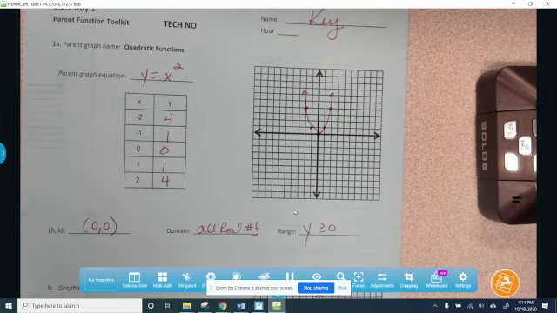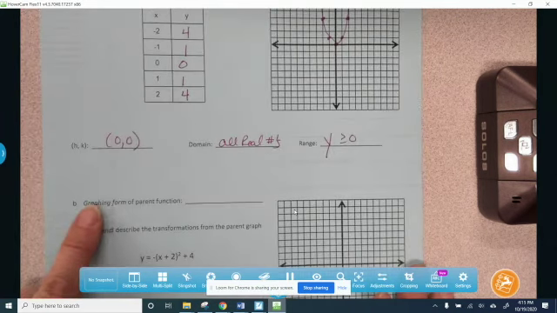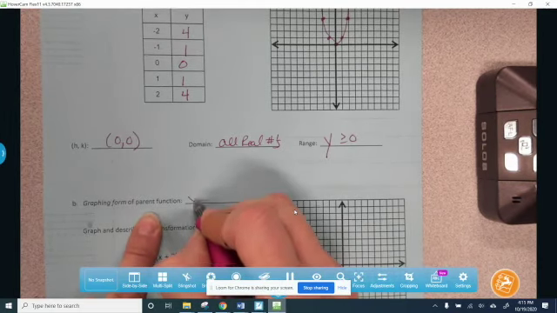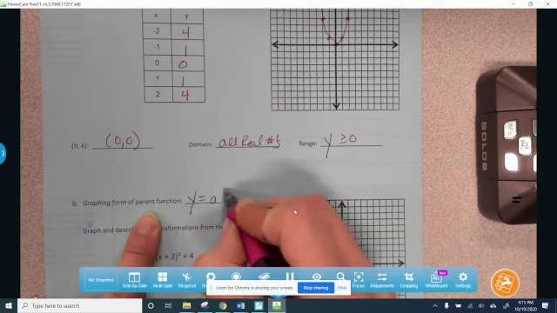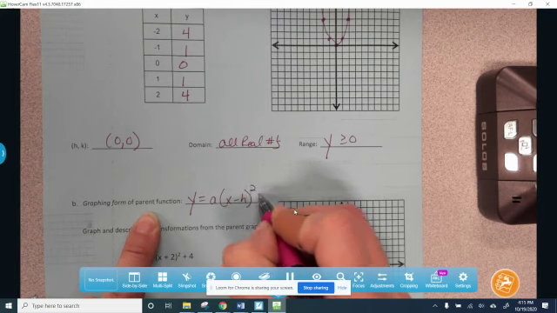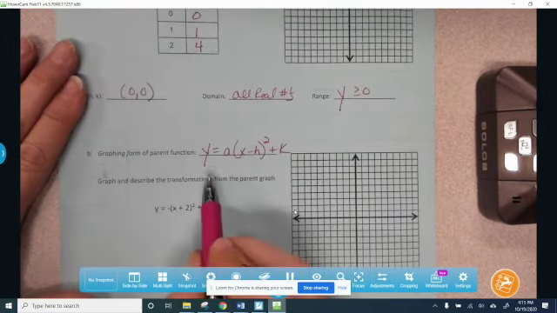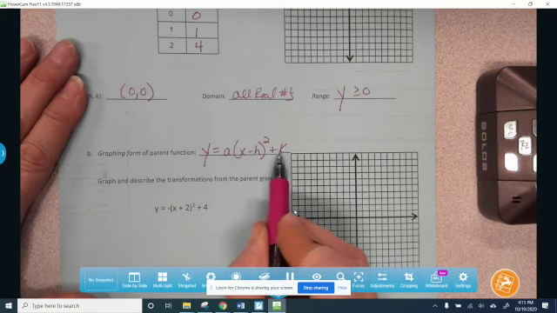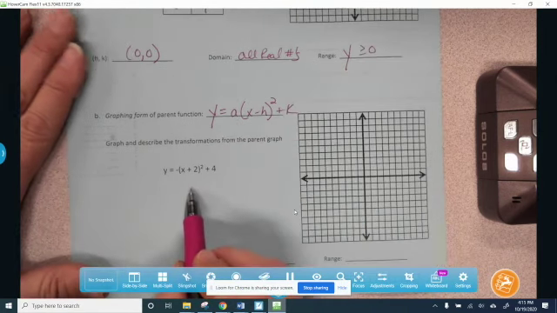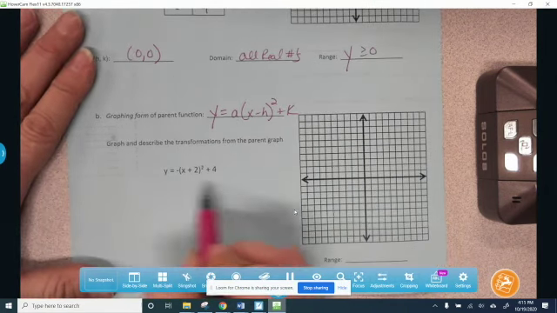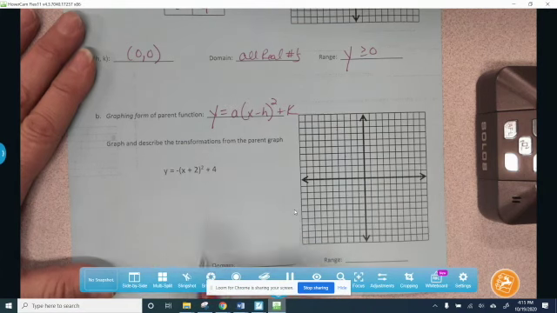Now, what if we wanted to write the graphing form of the parent function? Our graphing form was y equals a(x minus h) squared plus k. We can use what we know about h, k, and a to make a graph of this transformed parent function.